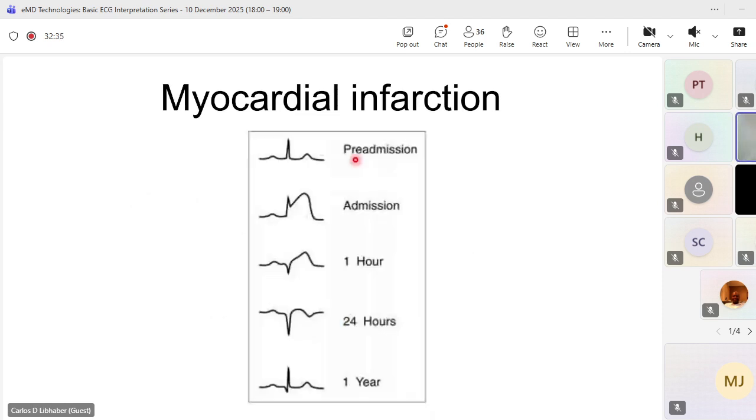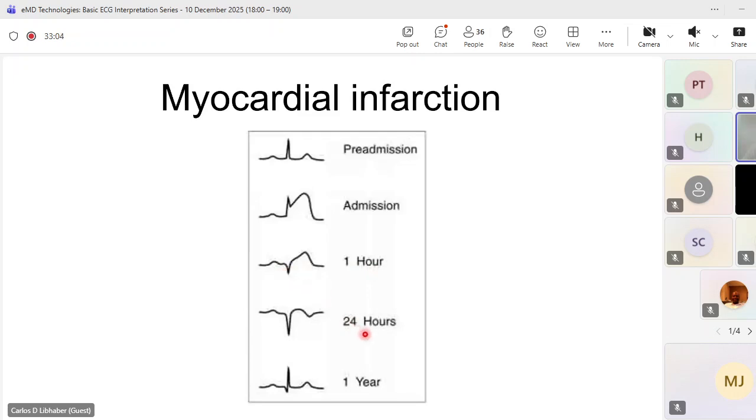So if he gets lucky and he's quickly admitted, you see this was normal. P, QRST, you only have an R here. Then in admission, we see the ST elevation. After 1 hour, only 1 hour, you have a Q wave.